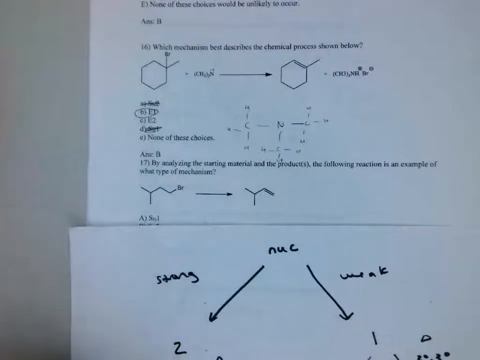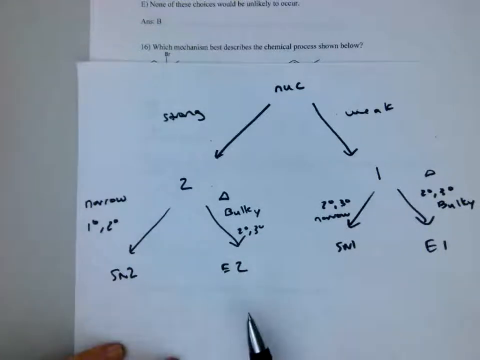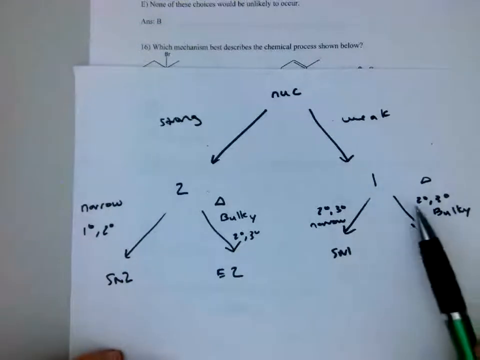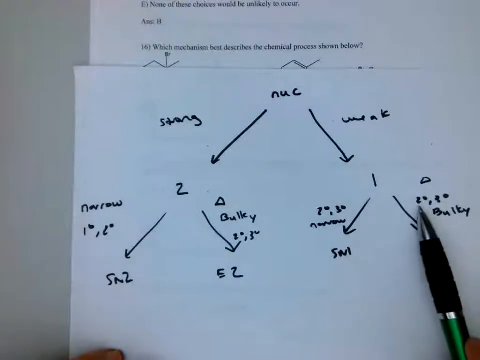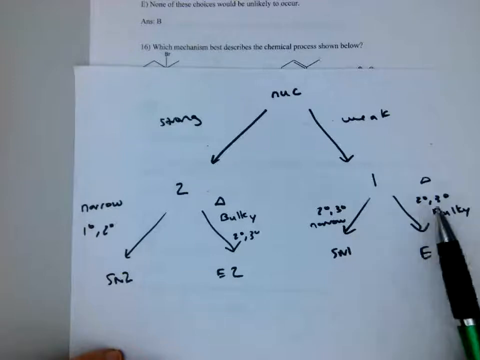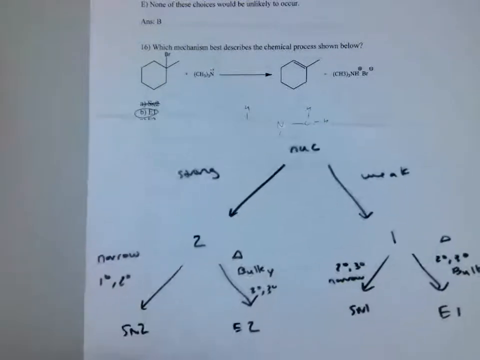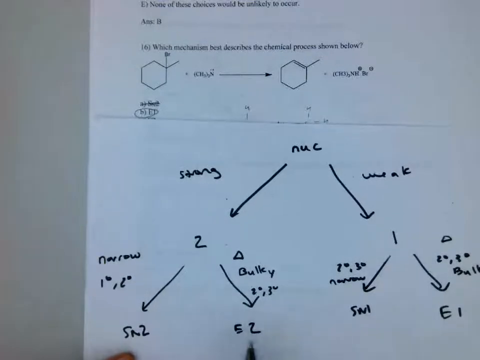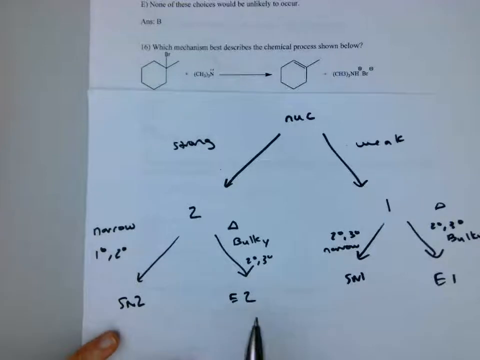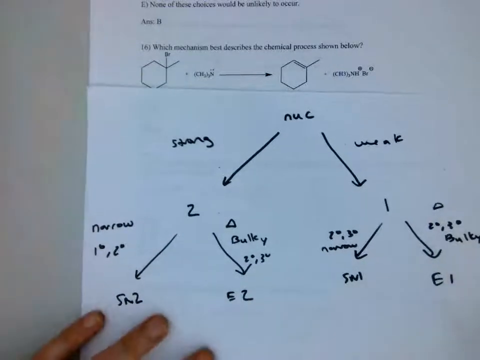If you look at the things that favor an E2 versus an E1, it is not possible for you to have a carbocation that's primary. It is possible for you to have an E2 on a primary. It's not as likely. Your E2 is probably going to favor a secondary or tertiary, but it is nearly impossible to have a carbocation on this one.